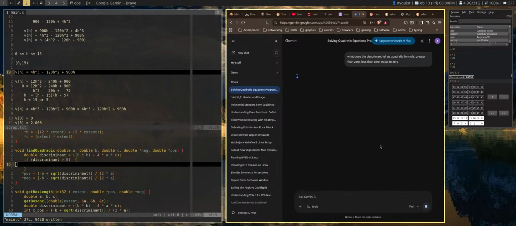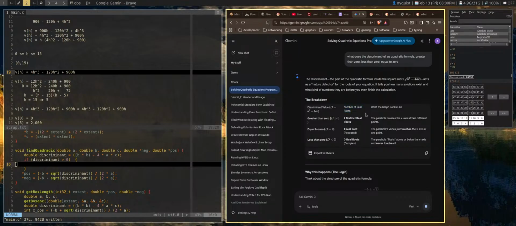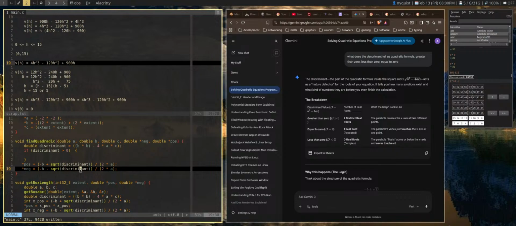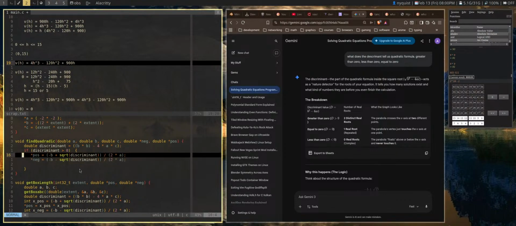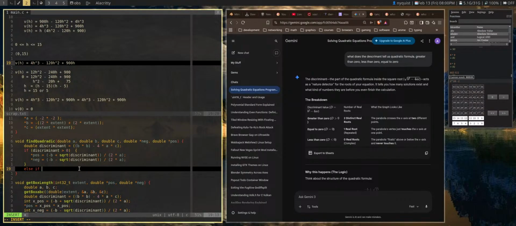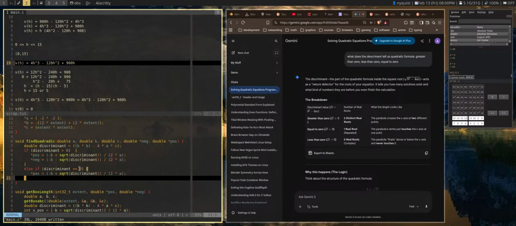Something like that. It tells us different things. Greater than 0, 2 distinct roots. If it's equal to 0, discriminant is equal to 0, then we'll just have 1 real root. If it's greater than 0, we're going to have a positive and negative.